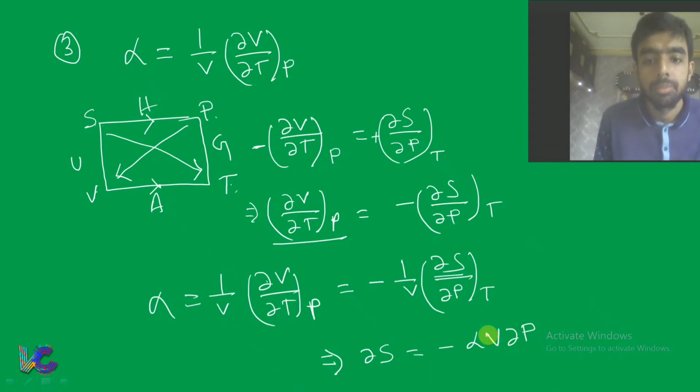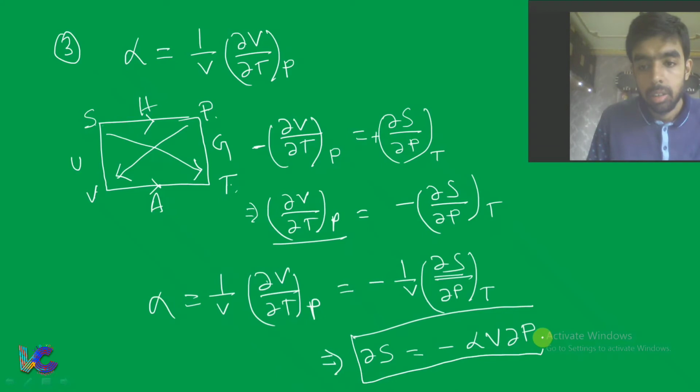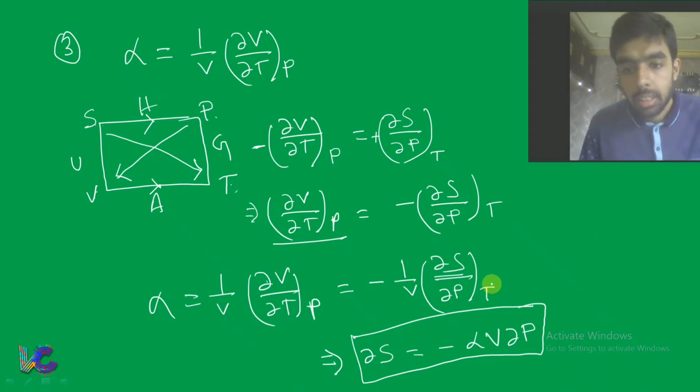That means by using the value of alpha, you can calculate the change in entropy, and the condition is temperature is constant. That means isothermal.